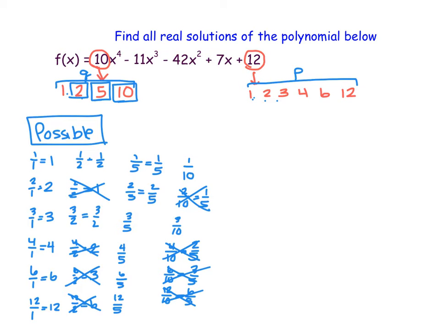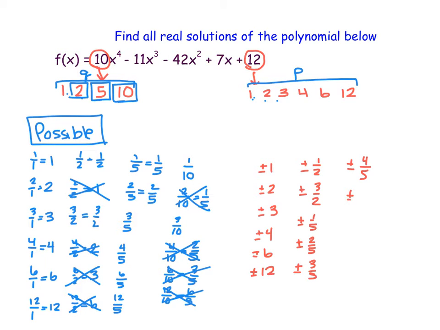So I can see in here I have a number of possible factors, and so I'm going to make my final list here, including all of the pluses and minuses. So I have plus or minus 1, plus or minus 2, plus or minus 3, plus or minus 4, plus or minus 6, plus or minus 12, plus or minus 1/2, plus or minus 3/2, plus or minus 1/5, 2/5, 3/5, 4/5, 6/5, 12/5, and then 1/10 and 3/10.